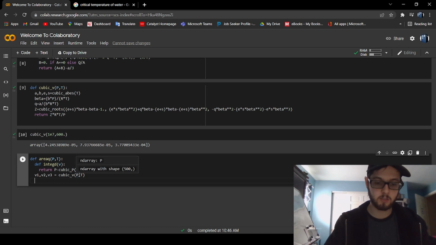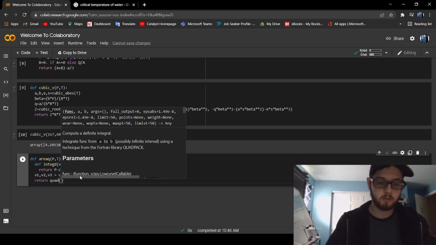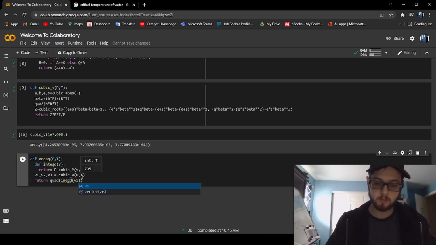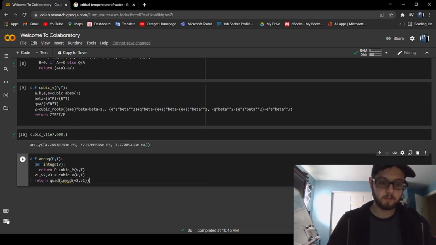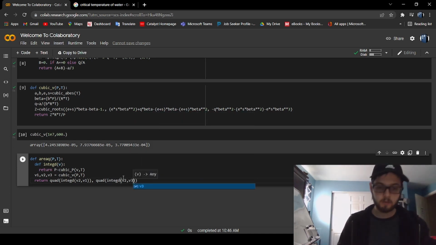Then we want to return our quad with the first integral, which is V1 to V2, and that is V2 minus V1, because those are the limits of integration. Or does it just go V2 comma V1? Let's try V2 comma V1 first. And then quad, and this is V2 and V3.